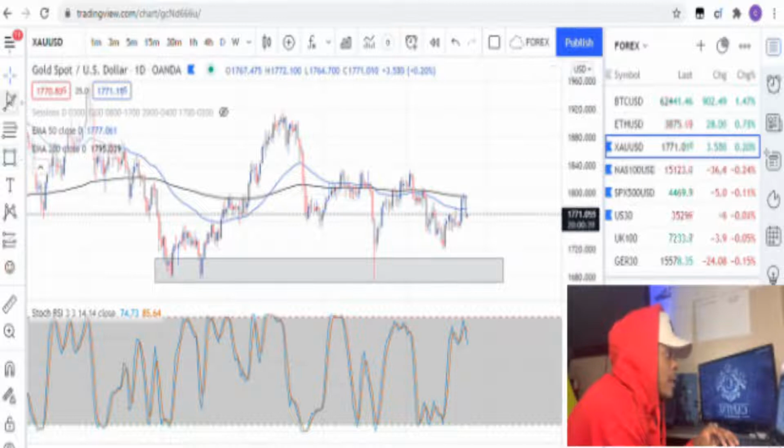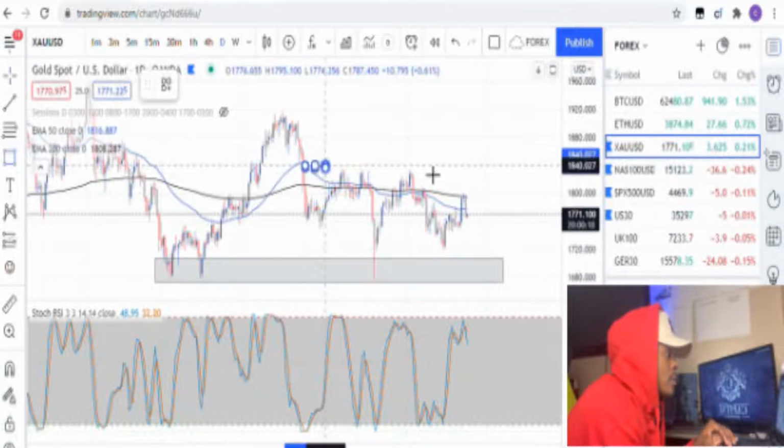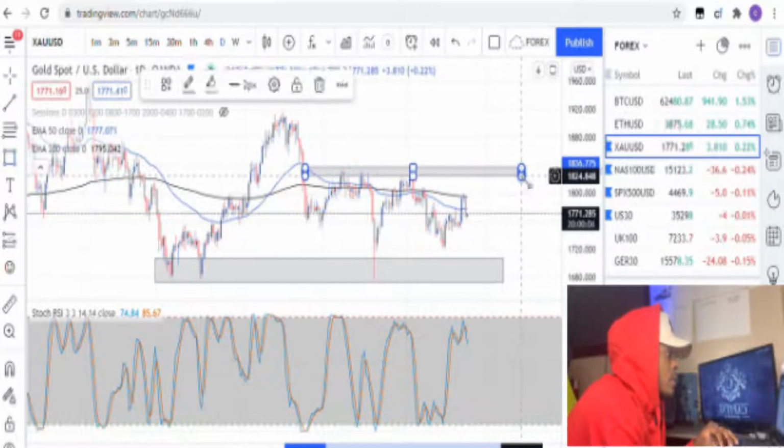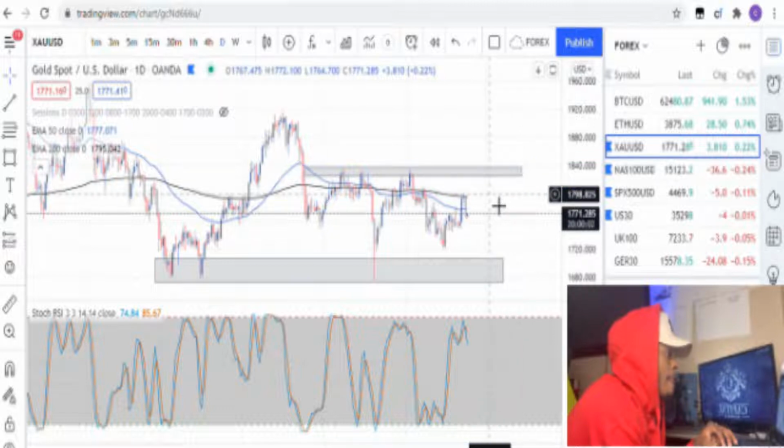I don't necessarily have a trend yet. It's in consolidation, so that's not what I want to see. It's pretty close to my 200 as well, so I'm not going to trade that. It's too close to my 200. It's not really a setup right now.